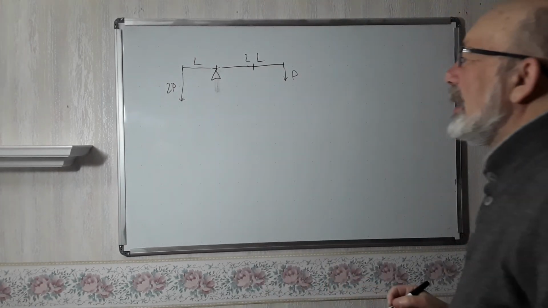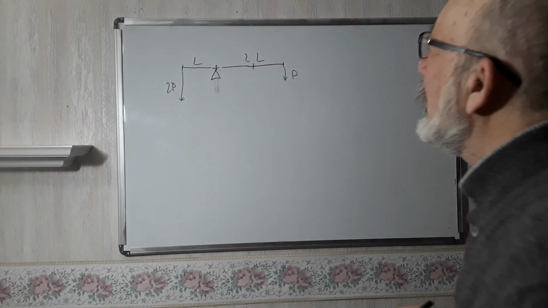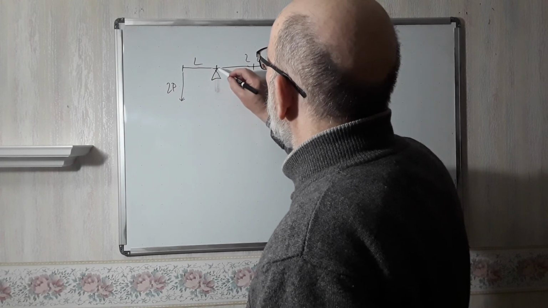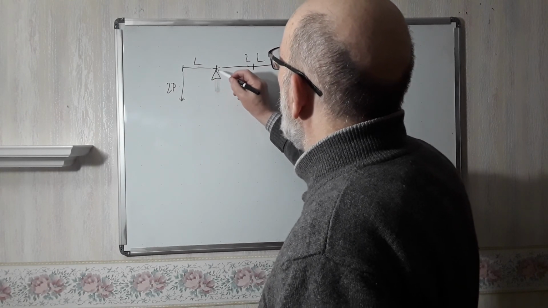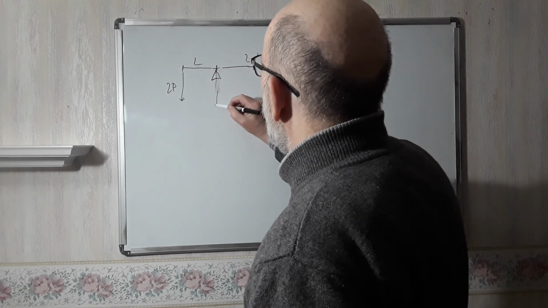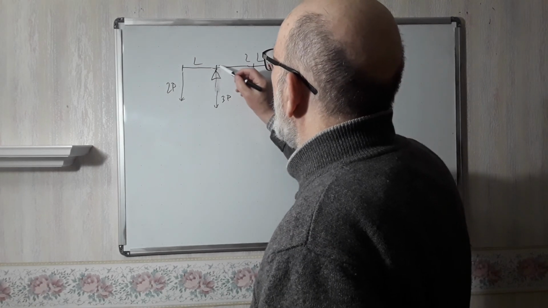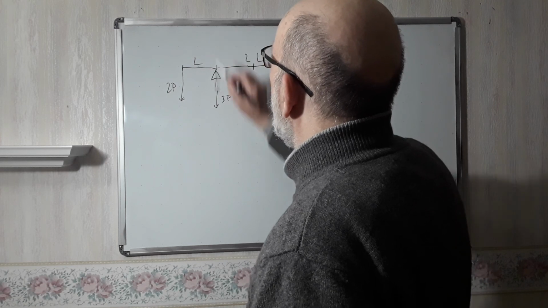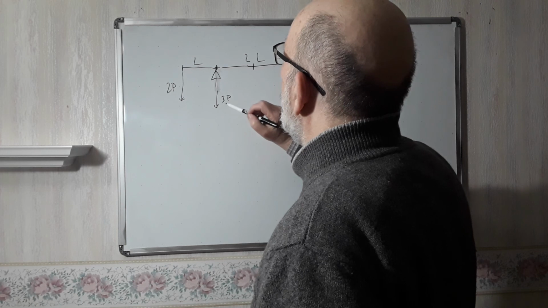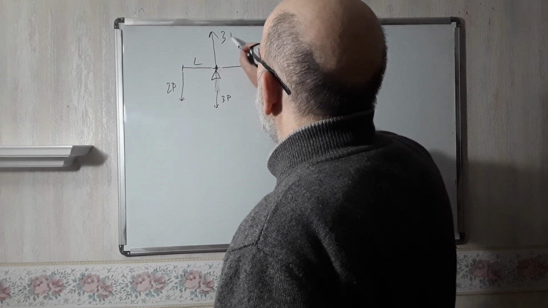This configuration is at equilibrium. Now you can see that on this support we have a force equal to the sum of these forces, 3p. This pivot is pushing up this point of the lever with the force 3p.